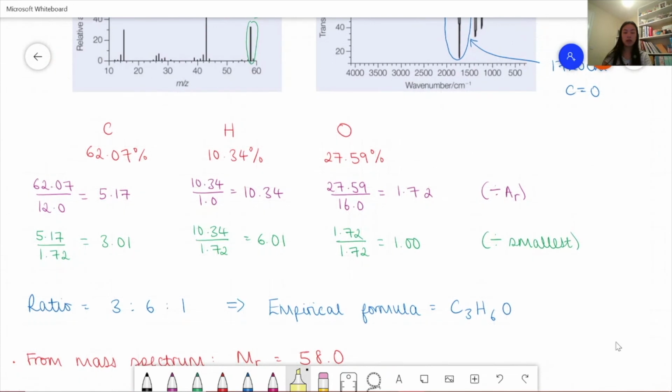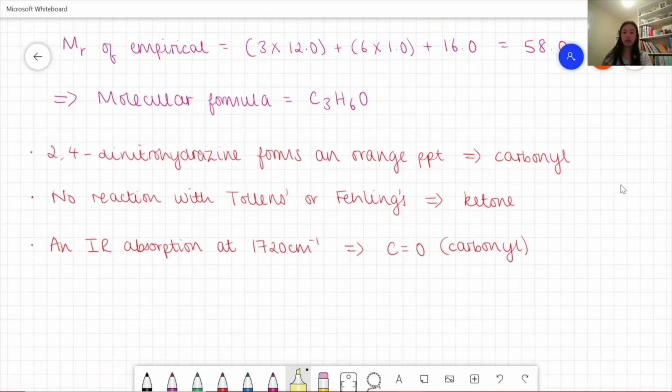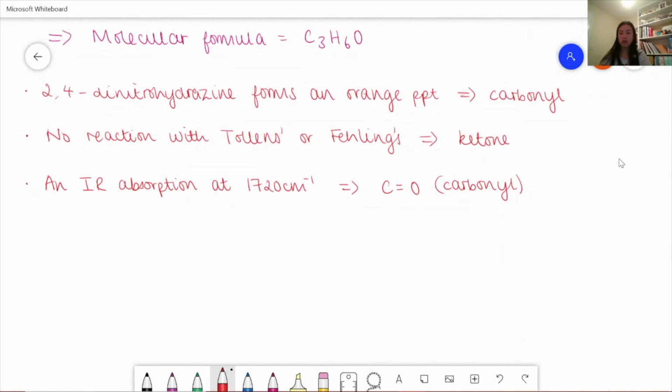So what we have from this proton NMR, we have that at 2.2, and what this suggests is that we have a hydrogen attached to a carbon, and then this carbon is then attached to another carbon double bonded to an oxygen.